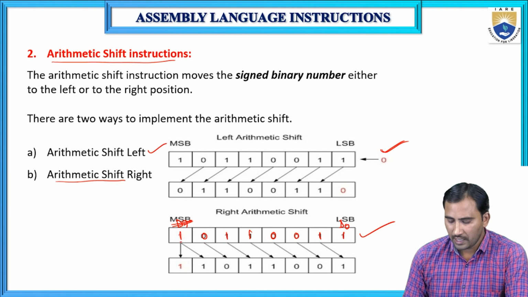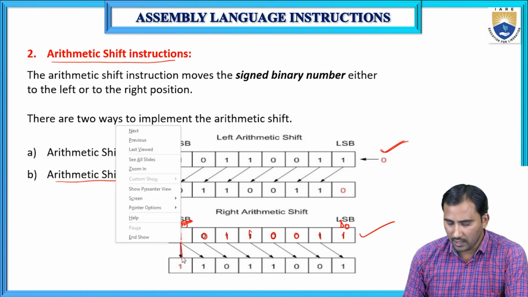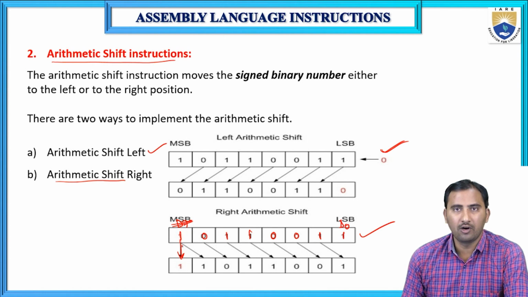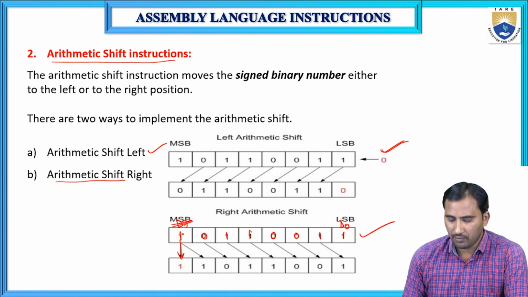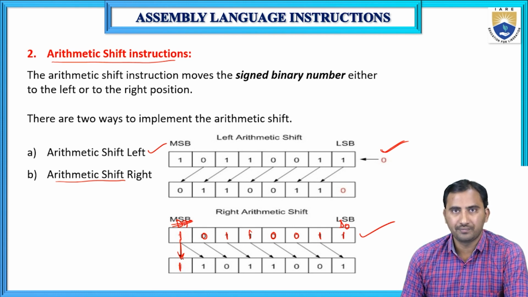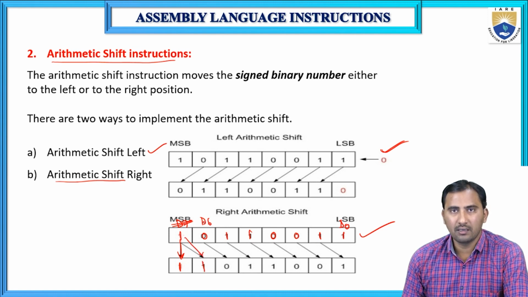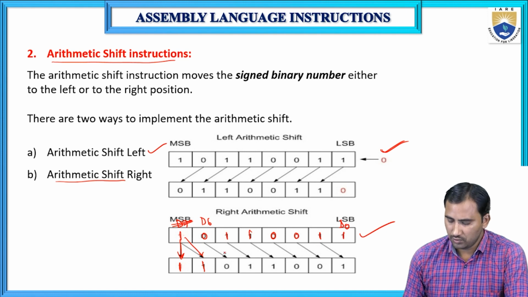So that means the MSB bit will be copied as it is. So what is the MSB bit? 1. So 1 will be copied. After that, this MSB bit will be copied to the D6 place. So that means this 1 will be copied to here. 1. Next. So D6 bit data will be copied to the D5. So this is D5.